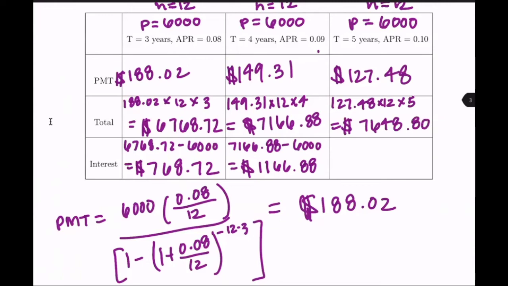The last thing that we need to do is subtract. So we are going to subtract the 7,648.80 minus the 6,000, because that was our principal loan. And you get a total of $1,648.80.